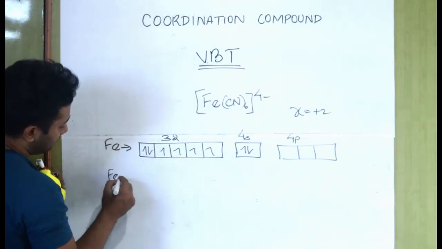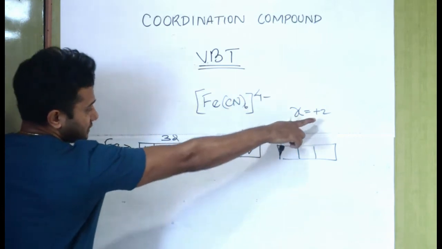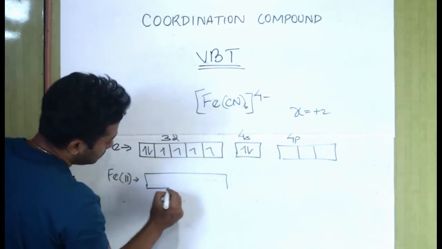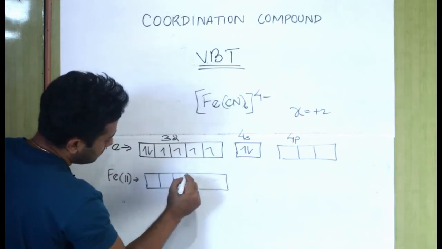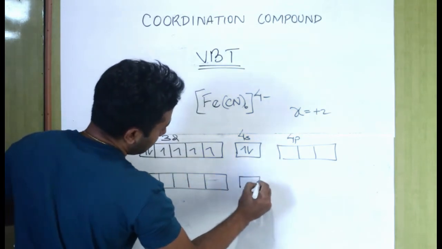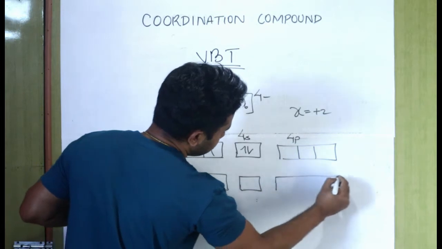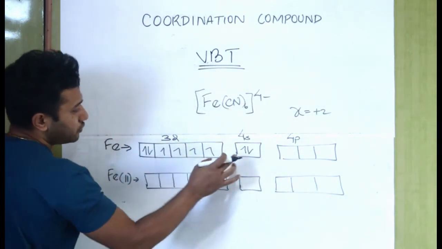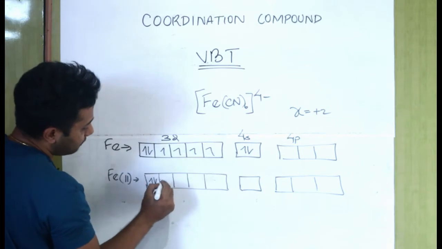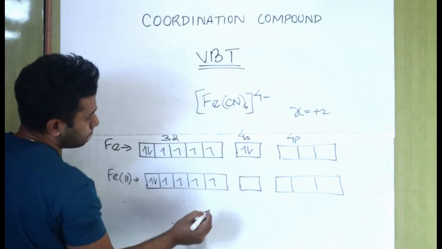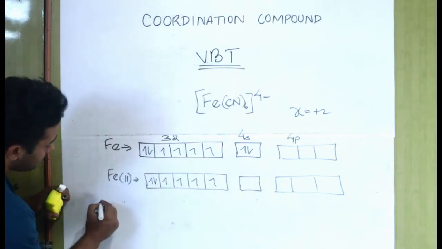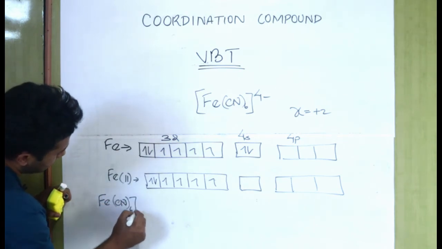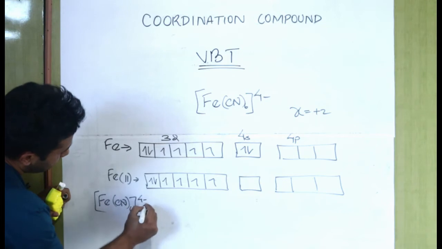Now for Fe2+, with plus 2 out here, I'm going to remove 2 electrons from here. So I will have, and again, [Fe(CN)6]4-.